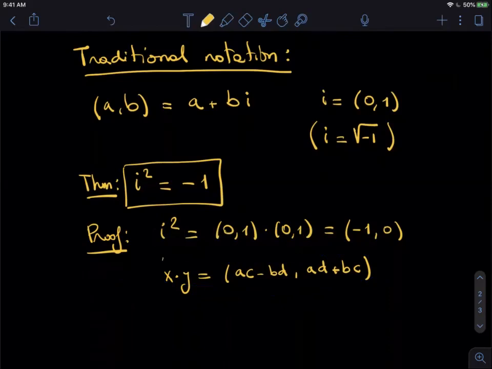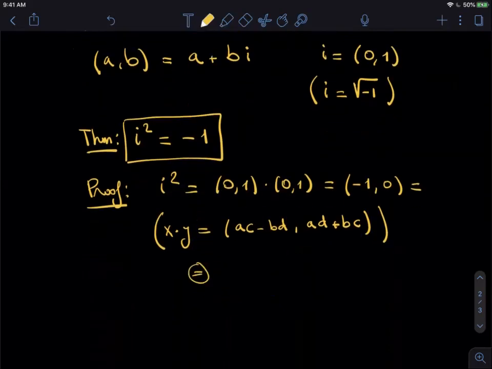So this is just a verification. So this is (minus 1, 0), and we identified (1, 0) with the real number 1. So this is minus 1, and that's it.